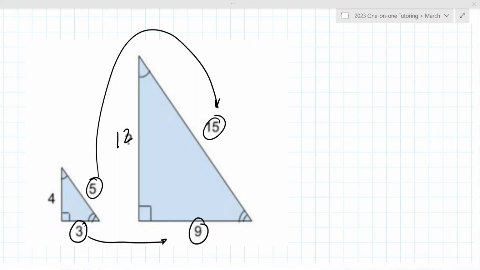This one just states if they're similar. Sorry, I just need to find some here that actually are. They always want to show if they're similar. Why can't they just tell you to find? Okay, here we go. This is what I was looking for.